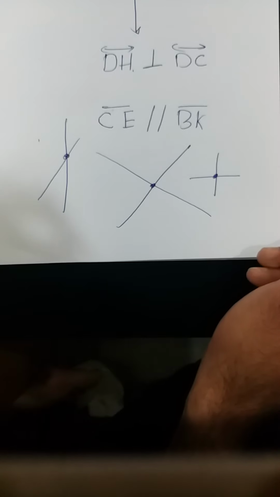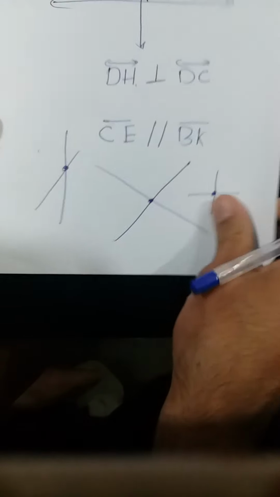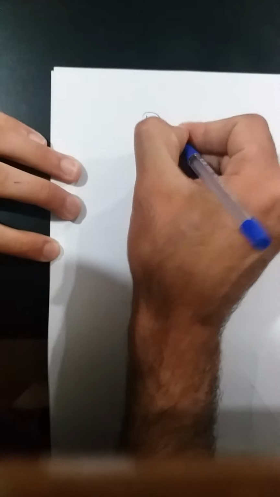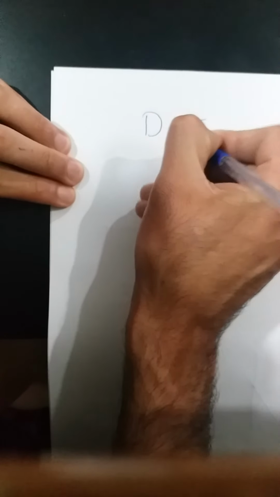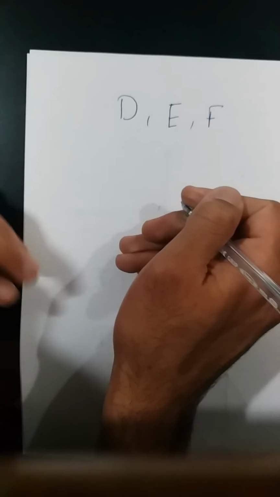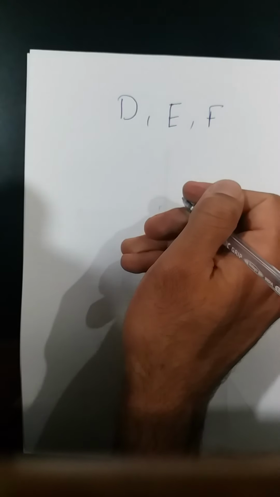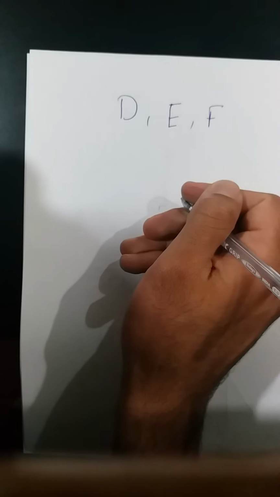Question 3, let's say here D is an intersecting point, and E is an intersecting point, and F is an intersecting point. And you are going to find that A, C, and B are also intersecting points.